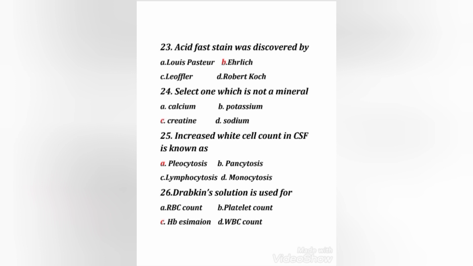Next question. Increased white cell count in CSF is known as pleocytosis, pancytosis, lymphocytosis, monocytosis. And the right answer is option A, pleocytosis. Pleocytosis means there is an increased WBC count in CSF. And what is pancytosis?